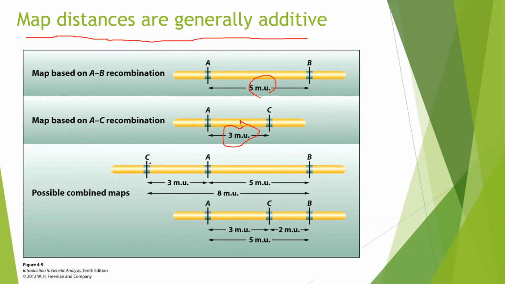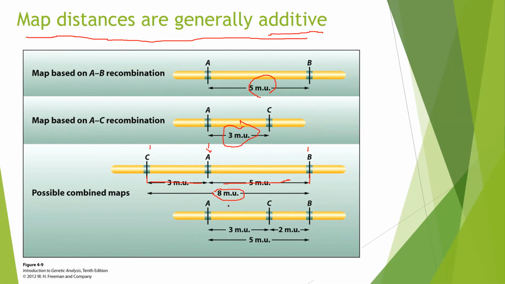And if these three genes are arranged in this way, so A is in the middle, and this is C and this is B, then the genetic distance between C and B will be the sum of these two numbers, which is 8 map units. So this means the additive feature of the map distance.